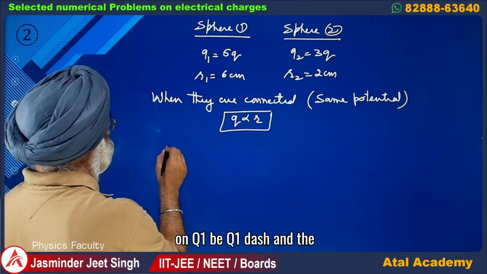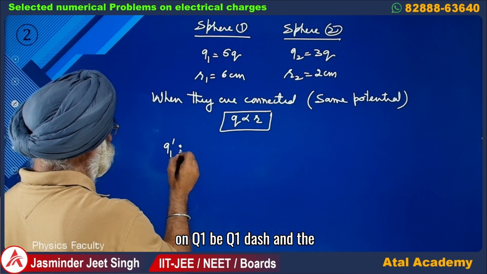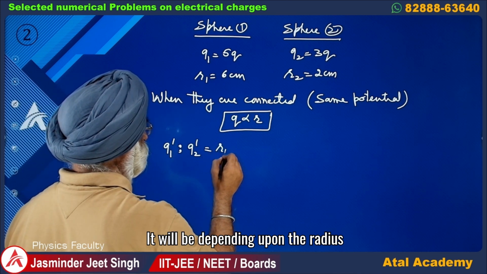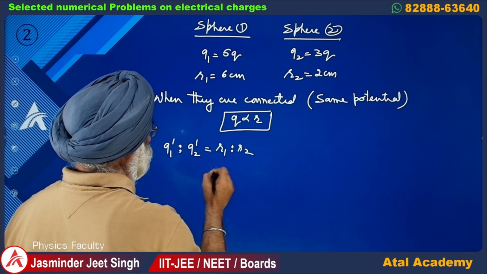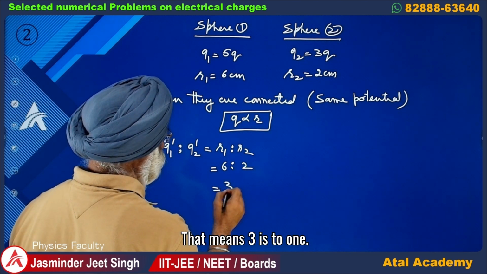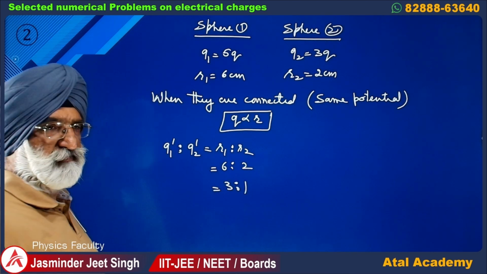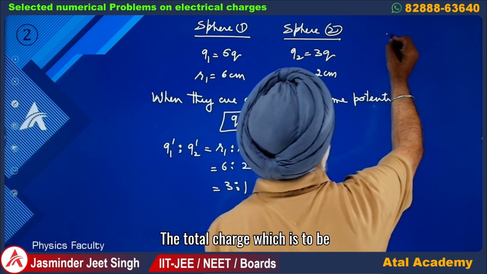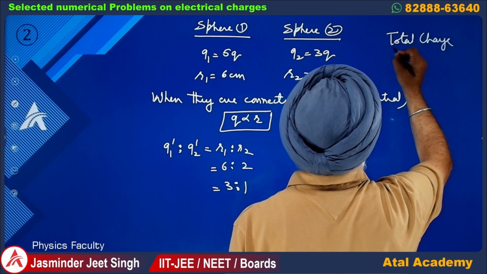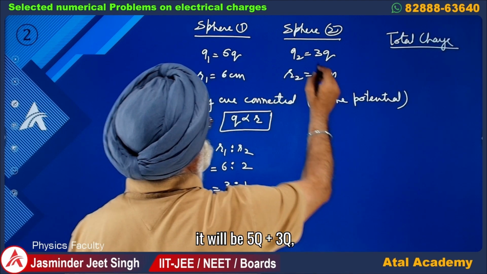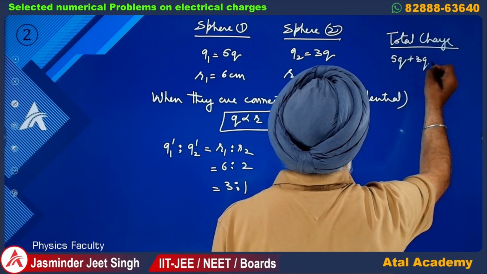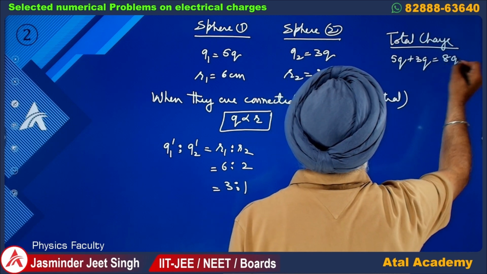The final charge on Q1 will be Q1 dash and the final charge on Q2 will be Q2 dash. It will be depending upon the radius, which is 6:2. That means 3:1. The total charge which is to be distributed will be 5Q plus 3Q, it will be 8Q.